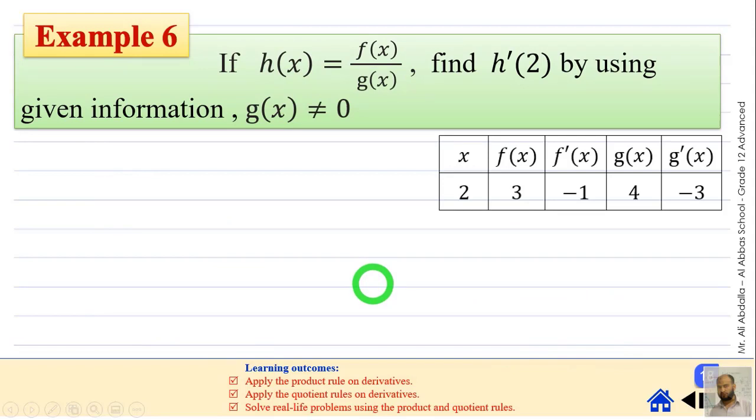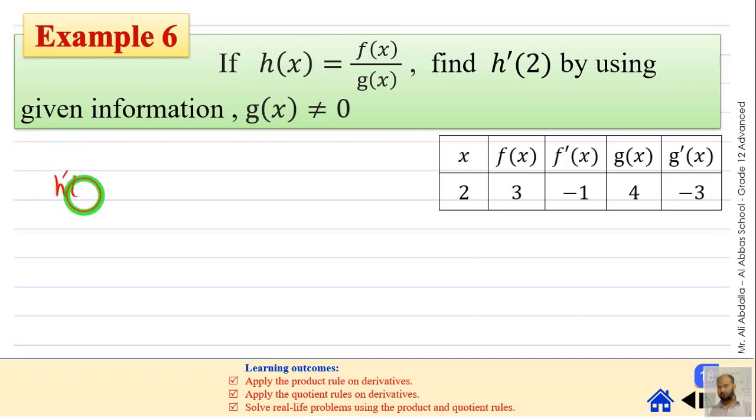Another example: if h(x) equals f(x) over g(x), find h'(2) by using the given information, and g(x) doesn't equal 0. We have a function h(x) equals f(x) over g(x). Then we can apply the quotient rule.